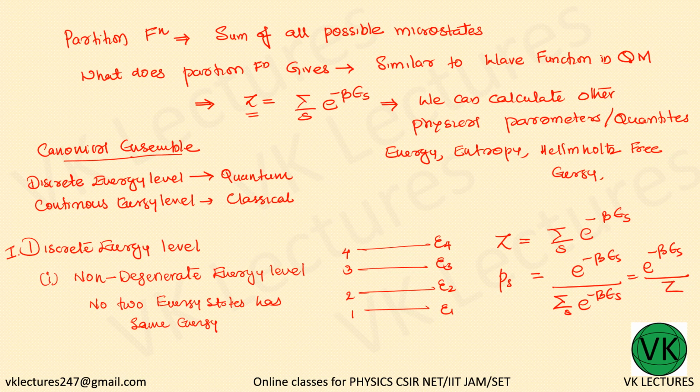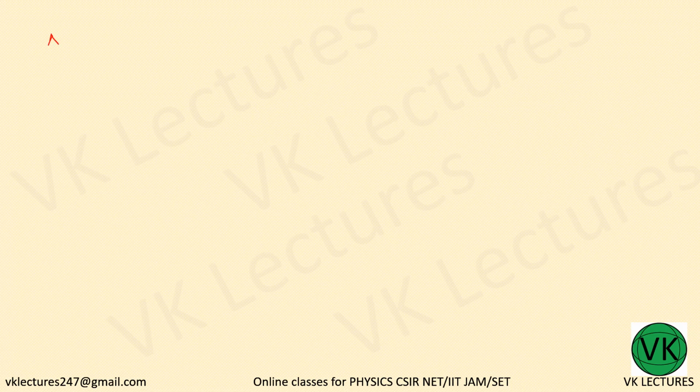Now talking about the average energy, the average energy is given by E, that's equal to sum over s of Es Ps. This is also given by the letter U, indicating the average energy of the system.